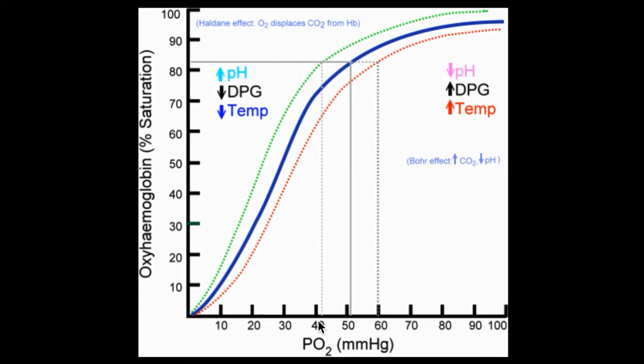And then as you go even lower here from 40 to 30, here's 40 on the line, here's 30 on the line, huge change. So a very steep part of the line means that the hemoglobin is dropping in saturation very rapidly. So these are going to be areas, again, where the tissue PO2 is very, very low. And it's going to continue down this very steep curve.